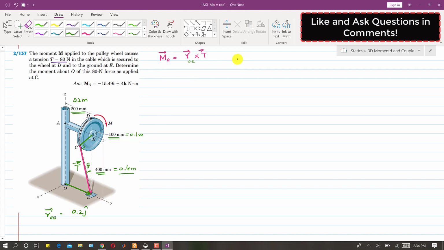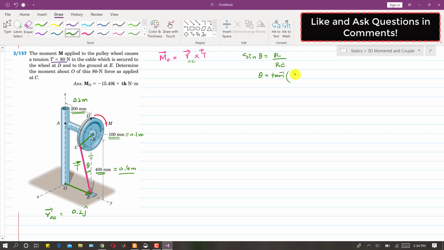If I apply the sine theta to this triangle, sine theta is equal to perpendicular over hypotenuse. This is the hypotenuse, this is the perpendicular, and this is the base. So the perpendicular distance is BC divided by the hypotenuse, which is BE. So theta will be equal to tan inverse of BC length, which is 100, divided by 400, the BE length.